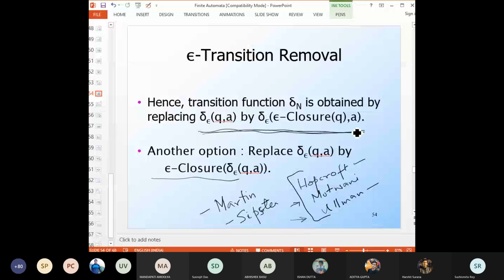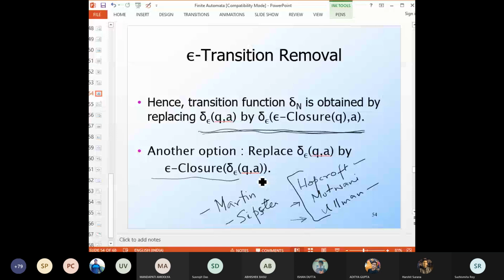Okay, so today let's also discuss the second option of creating the transition function of the NFA from epsilon NFA. That is, instead of replacing by delta epsilon closure QA, you will replace by epsilon closure delta QA. So what difference does it make?